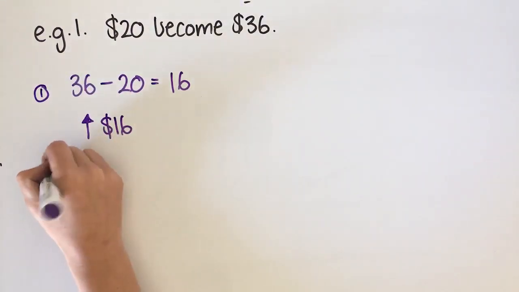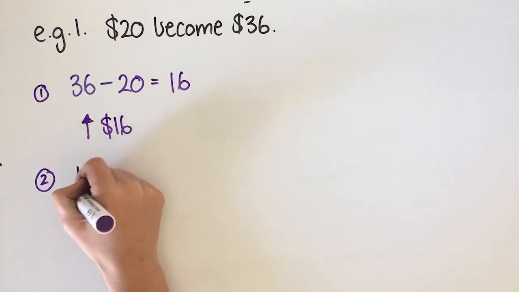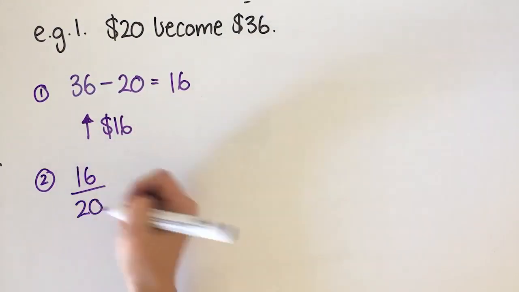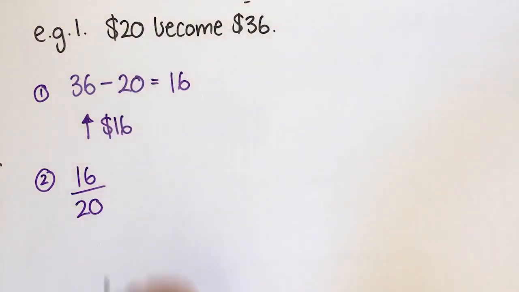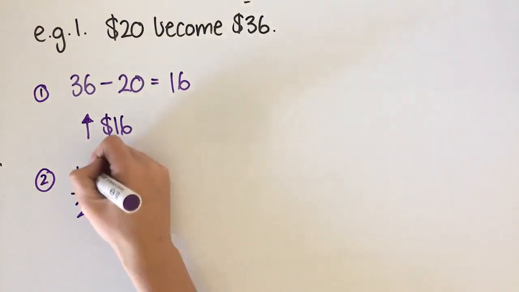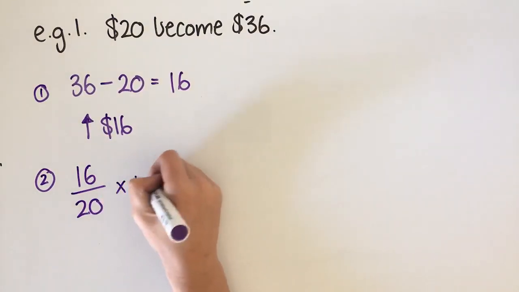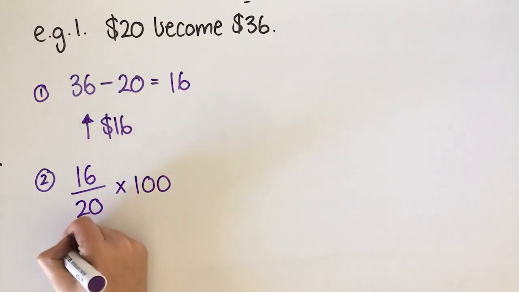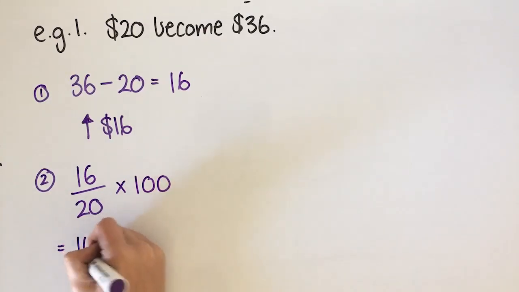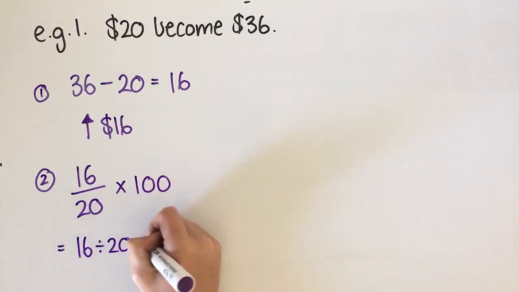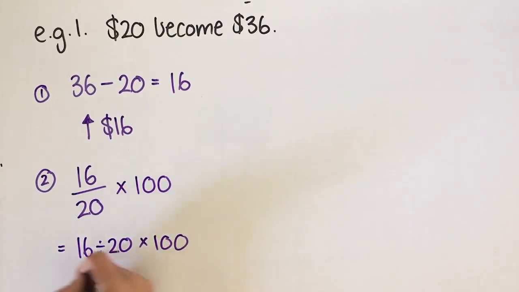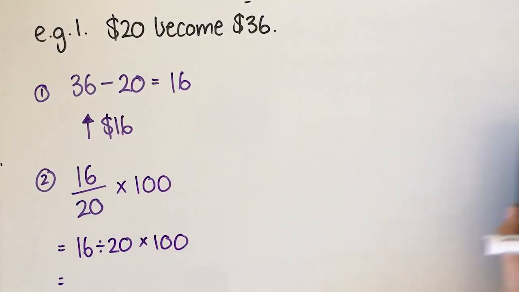Then step 2, we're going to go 16 over 20 because we started at 20, okay? And we need to turn this into a percentage, okay? We already know that we're going to divide it and then we're going to times it by 100. So it's going to be 16 divided by 20 times by 100, and that will give me the amount that it's changed, okay?